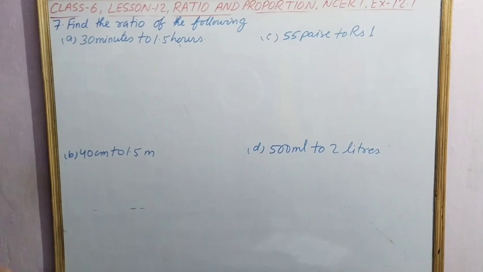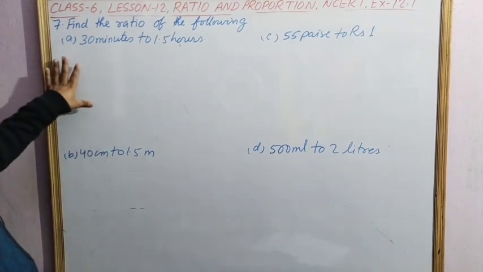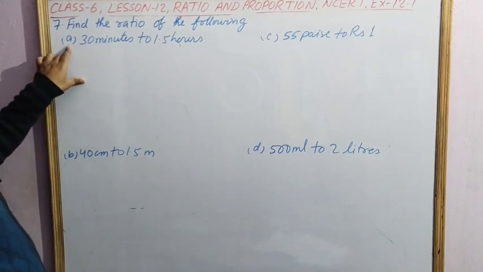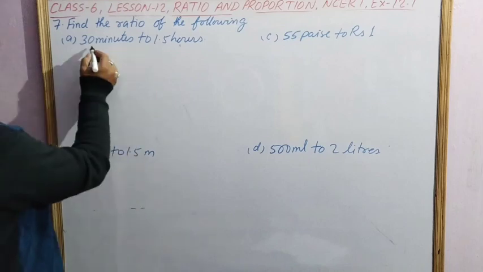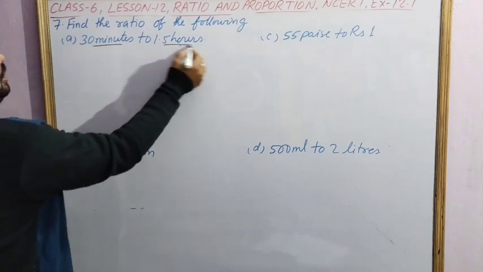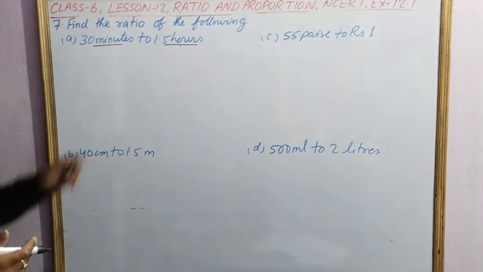Question number 7 says find the ratio of the following. We have to find the ratio between the given quantities. In A we have 30 minutes to 1.5 hours. Here the units of both quantities are not the same. To find a ratio, the units of the quantities should be the same.